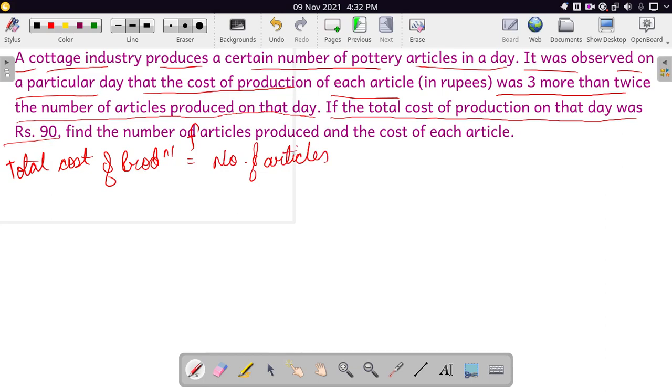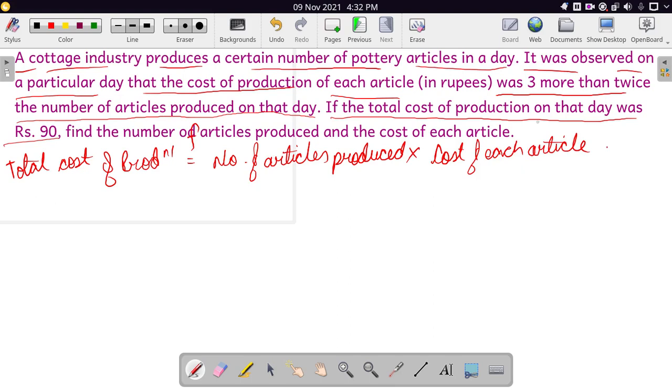That is the number of clay pots or whatever the things that the cottage industry makes, the number of articles that they produce in that particular day, multiplied by the cost of each article. This is basically the total cost of production. We all know that this is known to us.